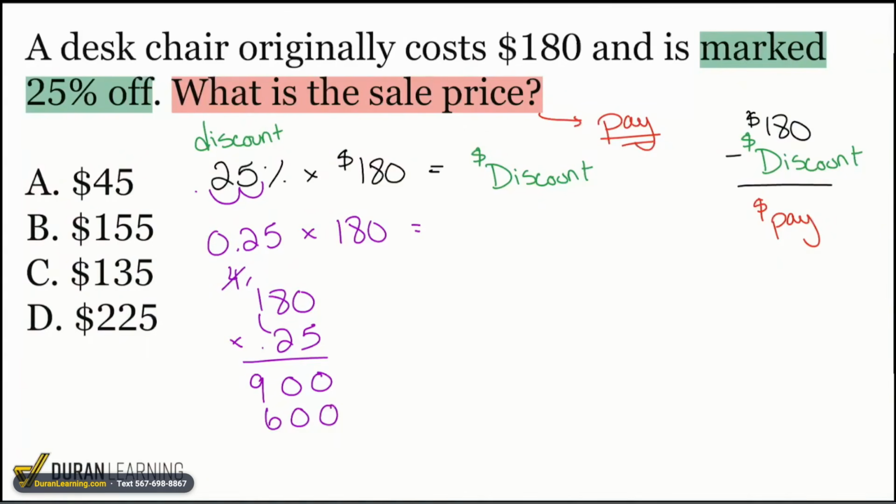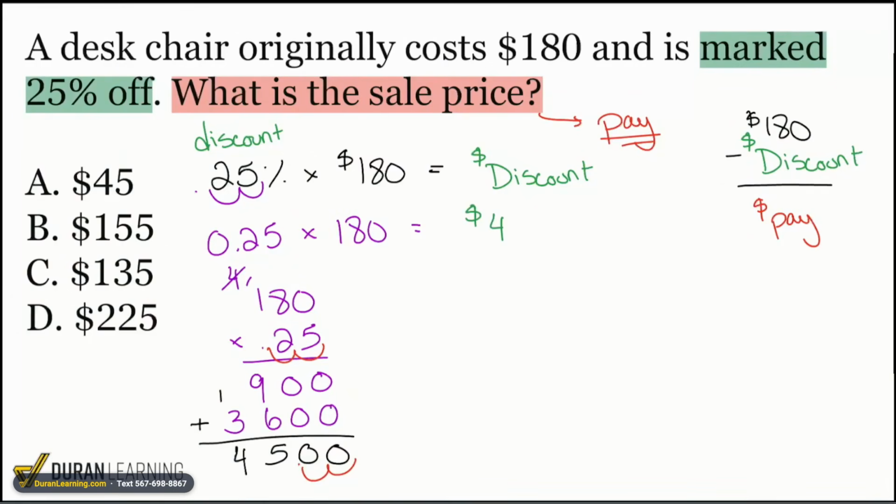And then 1 times 2 is 2, carry the 1 is 3. So from there, we add everything back together. We have 0, 0, 15, carry the 1. And then we have 4, 4,500, but we'll bring back 2 decimal places, 1, 2. So that becomes $45.